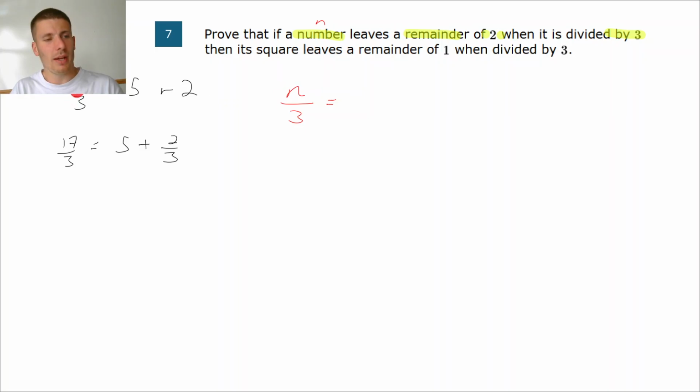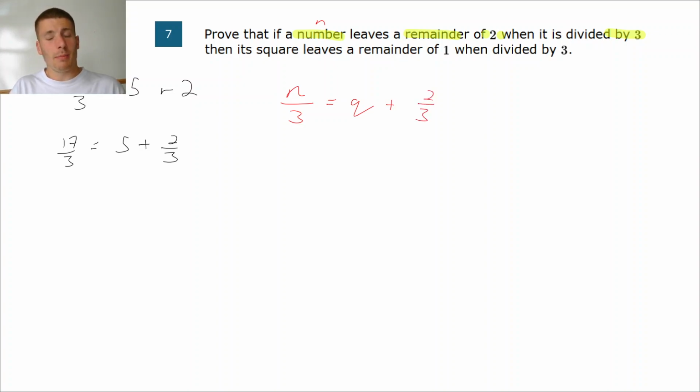I divide it by 3, I get some different number, which let's call q, because why not. And then remainder 2, we said you could write as 2 over what you're dividing by. So q plus 2 over 3.